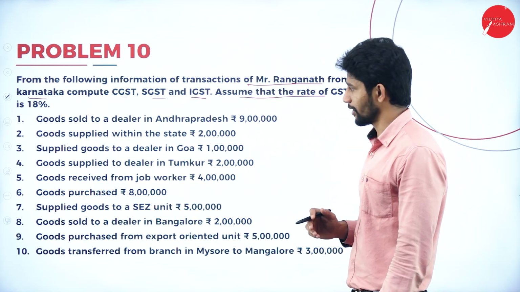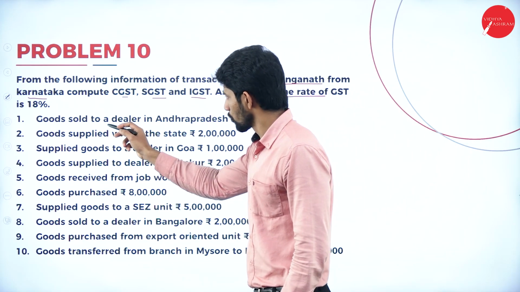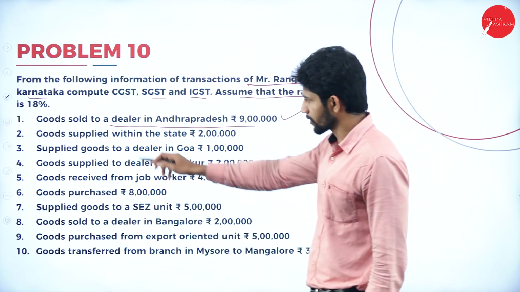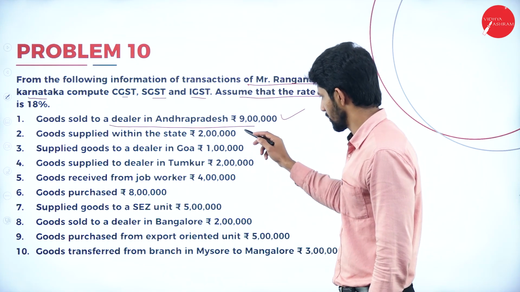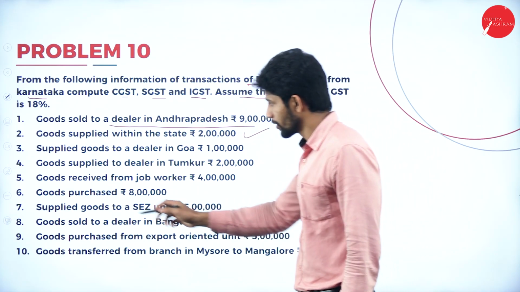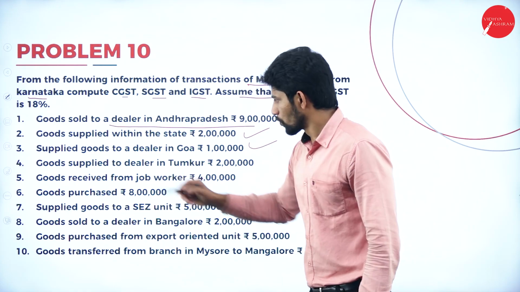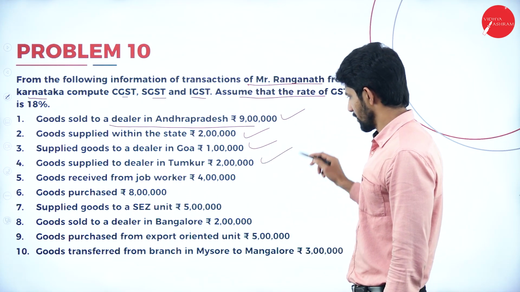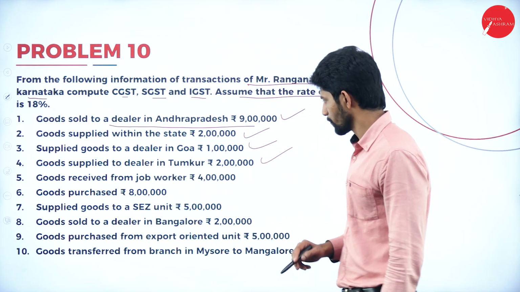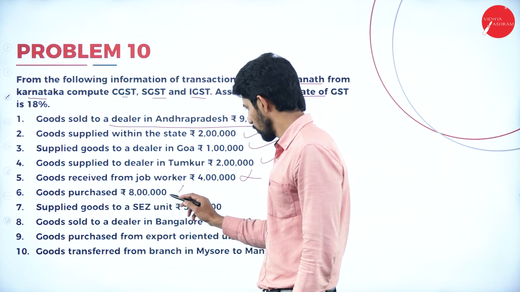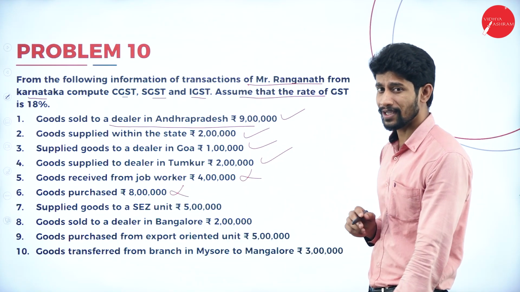The dealer is in Karnataka. So point number 1, goods sold to dealer in Andhra Pradesh, yes, tax is applicable. Next, goods supplied within the state, yes, tax is applicable. Next point, supplied goods to a dealer in Goa, yes, tax is applicable. Goods supplied to dealer in Tumkur, yes, tax is applicable. Goods received from job worker, so no tax here. Goods purchased, no tax because only on sales we are applying.